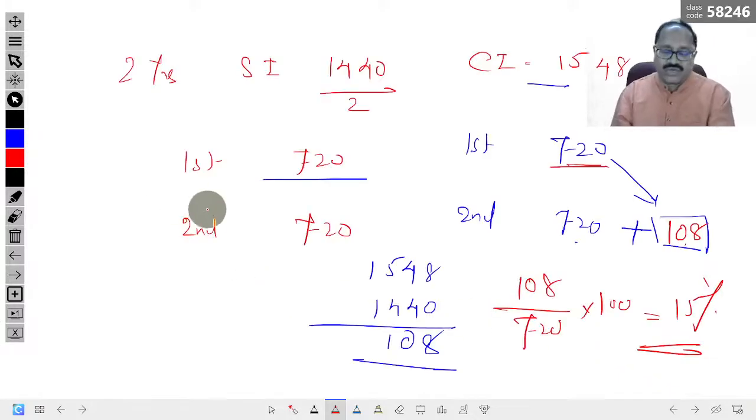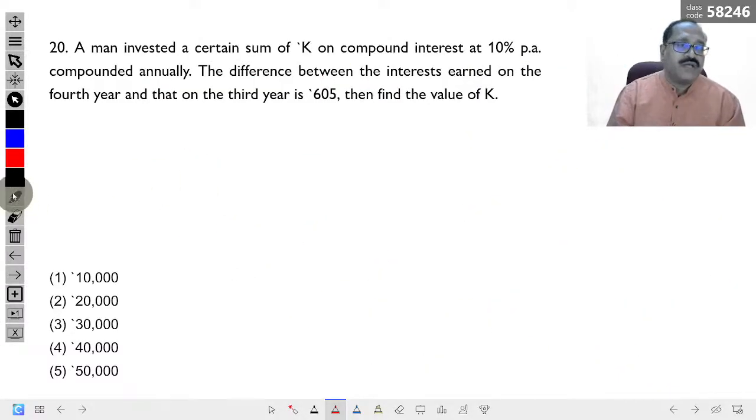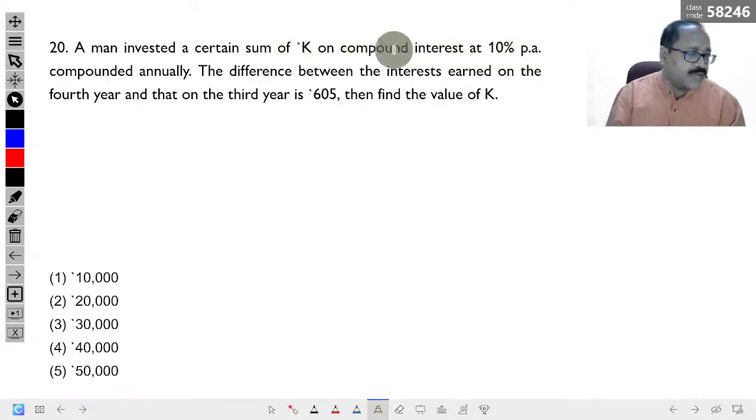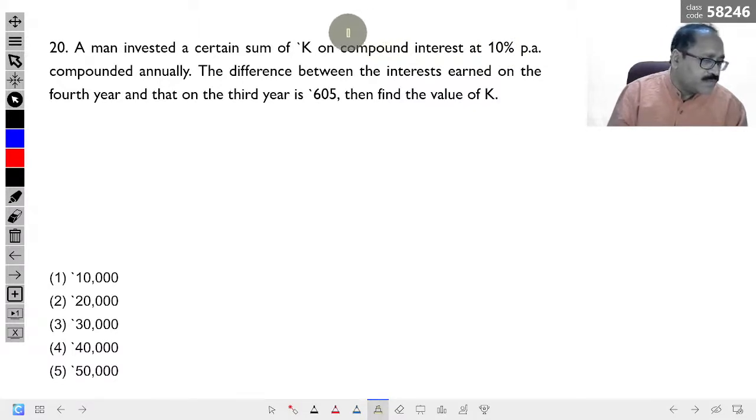अब आ जाते हैं इस क्वेश्चन पर. आइए यहाँ पे. A man invested a certain sum of money on compound interest at 10% per annum.